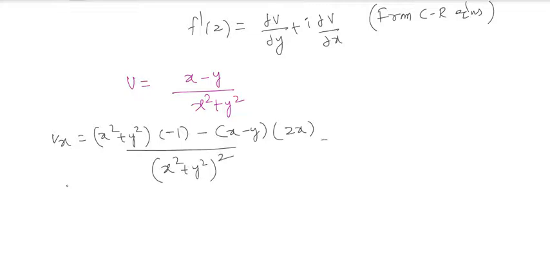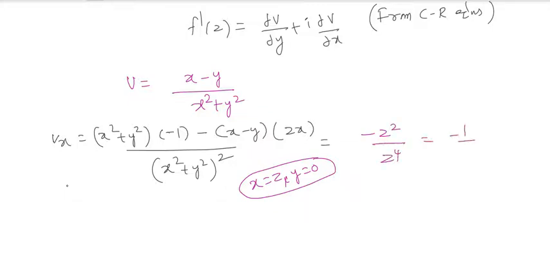Directly substitute x as z and y as 0. You will have minus z square by z power 4, which is equivalent to minus 1 by z square. This is your vx.